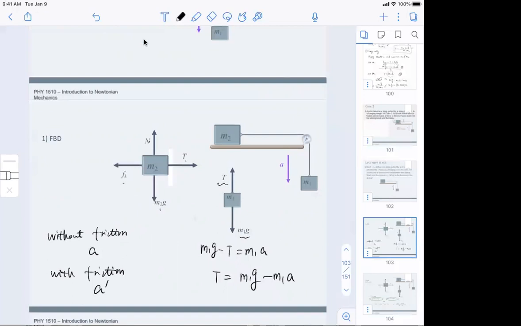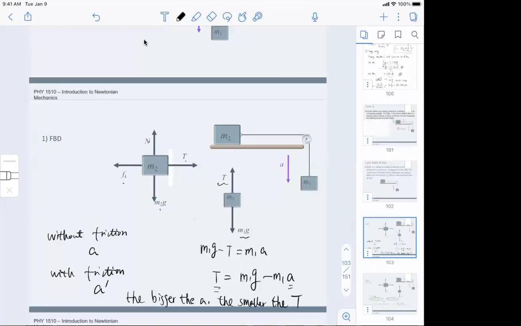So all I need to compare is which one has a bigger acceleration, without friction or with friction? Because the bigger the acceleration, the smaller the tension, since the tension is something minus the acceleration. So just intuitively, do you think that with friction both masses will accelerate a bigger quantity or a smaller quantity?